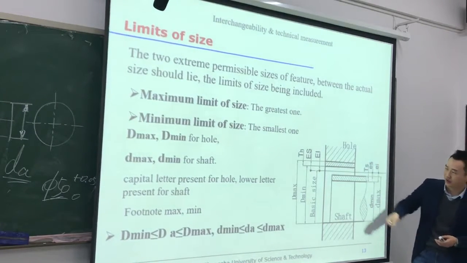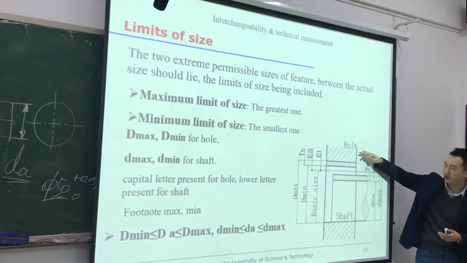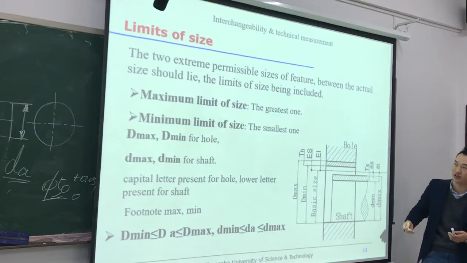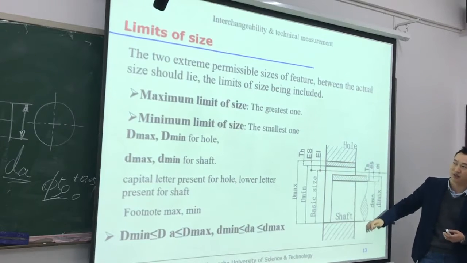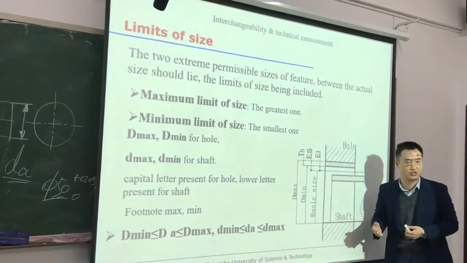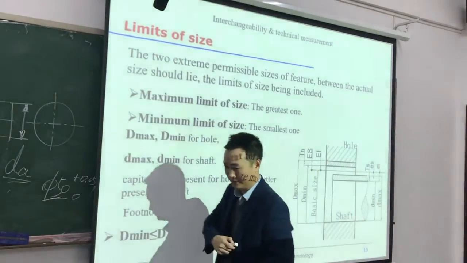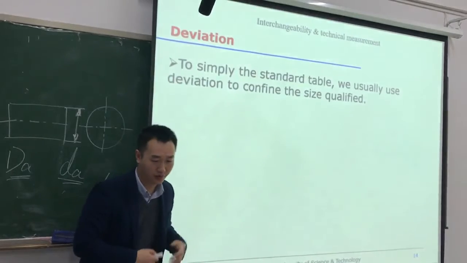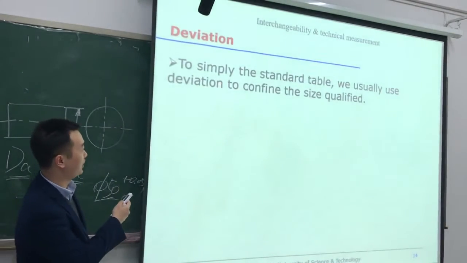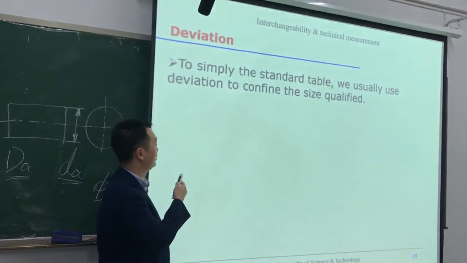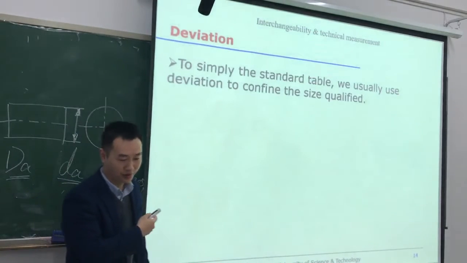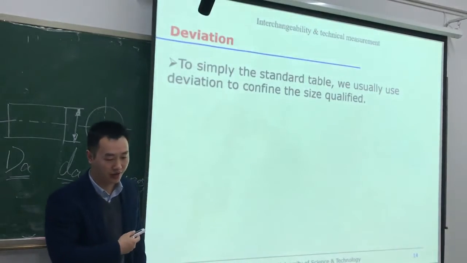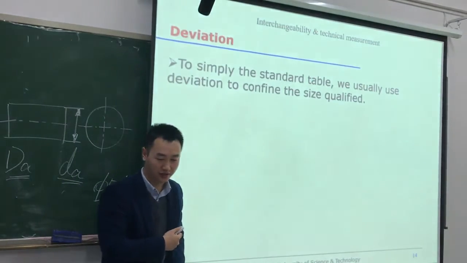So normally we do not draw a picture like this to illustrate the minimum limit and the maximum limit. We use deviation. We propose the term to simplify the standard table, and we use deviation to confine the qualified size.